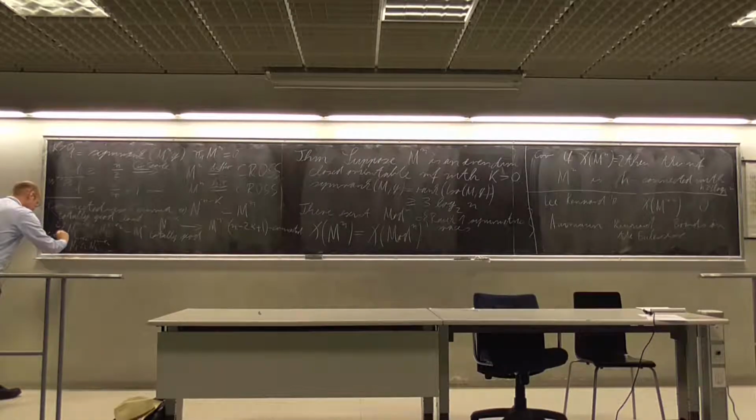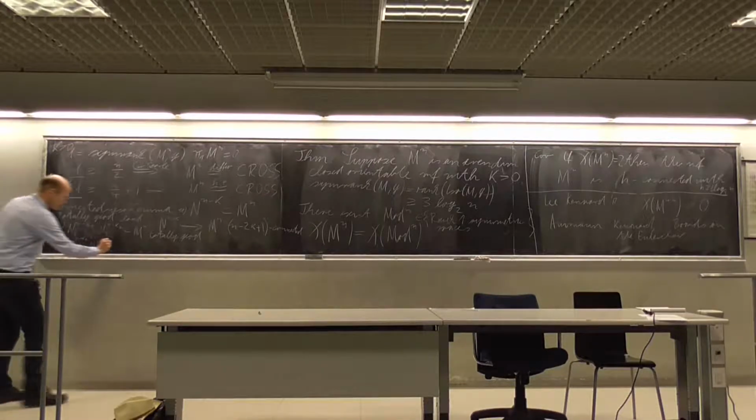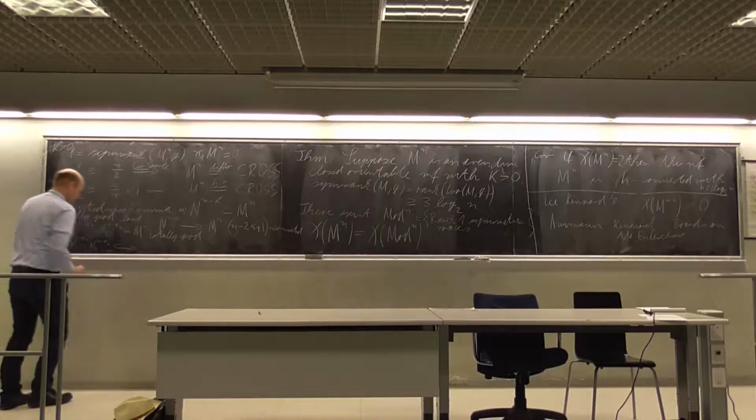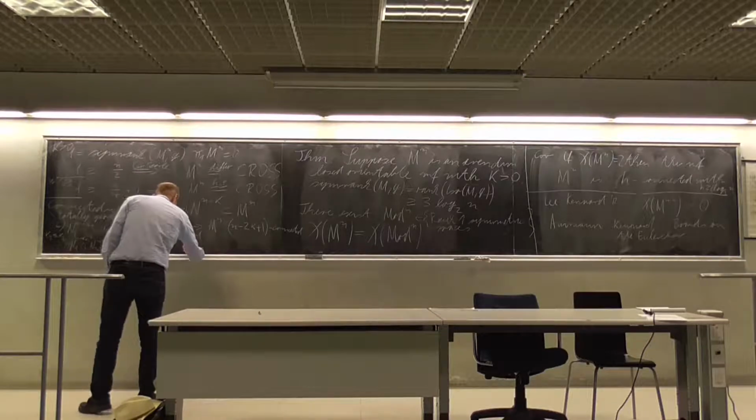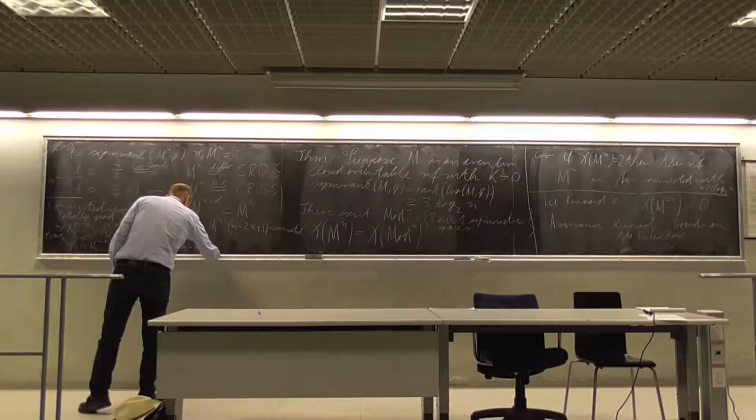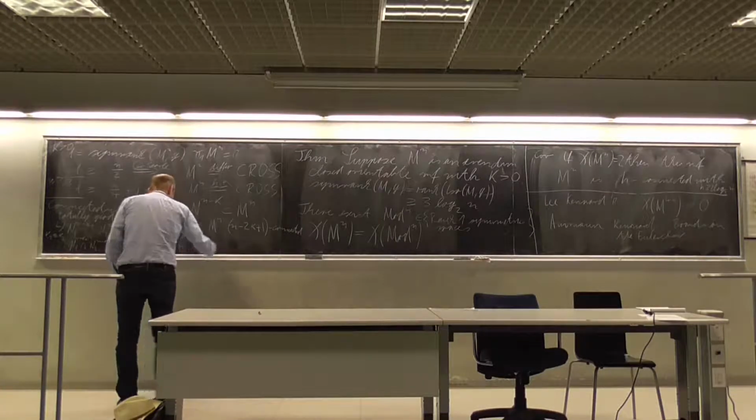So let's assume k1 is smaller than k2. So we consider the inclusion map into N2, of dimension n minus k2. So that's n minus k1 minus k2. This inclusion map.